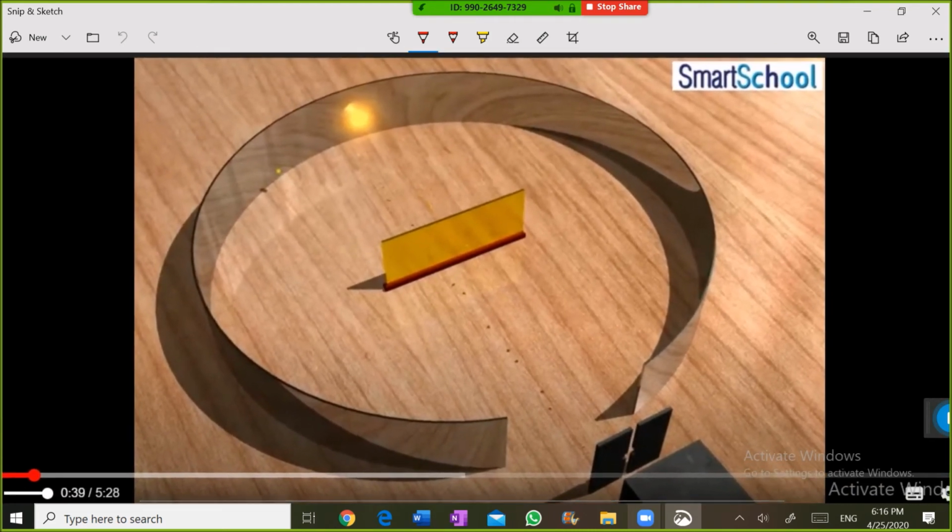This is the alpha source. Okay, this is a very thin gold foil. We will discuss later why Rutherford selected alpha particles to carry out this experiment. Now, this is a photographic film.